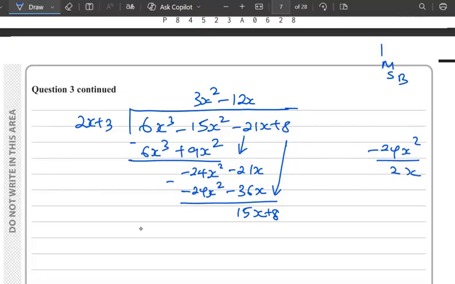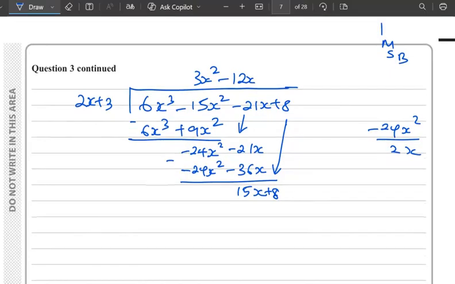So we can also use this. 2x goes into this how many times? Of course 15x divided by 2x will be plus 7.5, which is just 15 over 2.